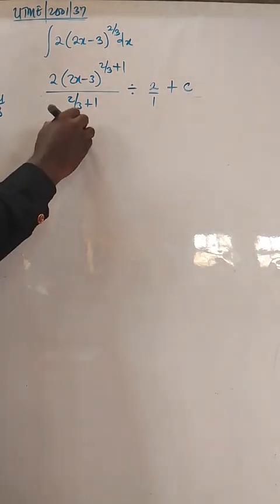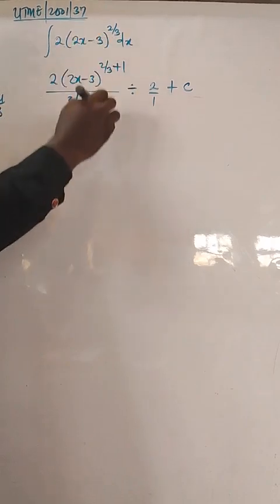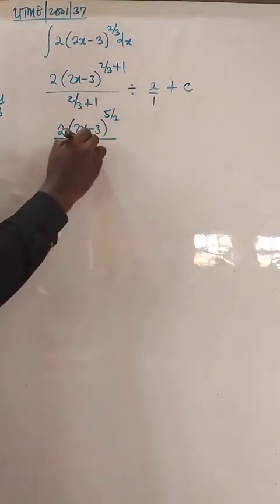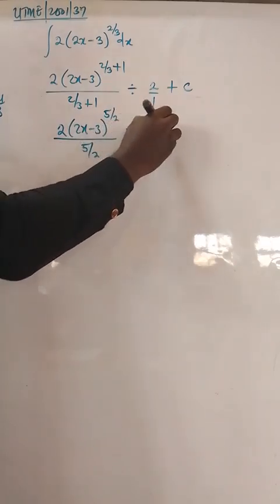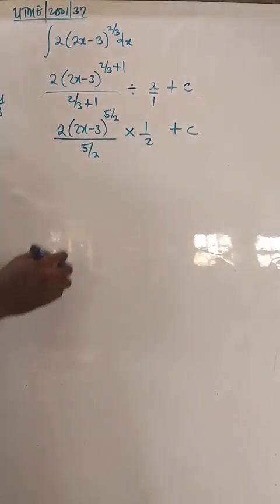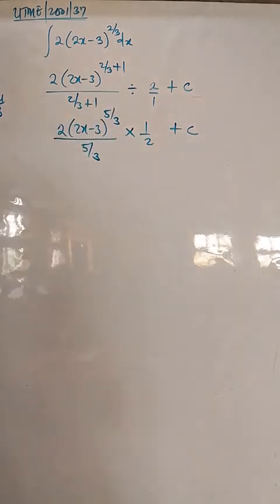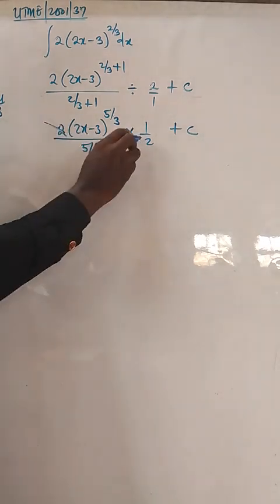So this is 2 into (2x minus 3) raised to power 2 over 3 plus 1, that's 5 over 3, divided by 5 over 3 times 1 over 2, plus c. Or in fact, these 2s here can cancel directly.